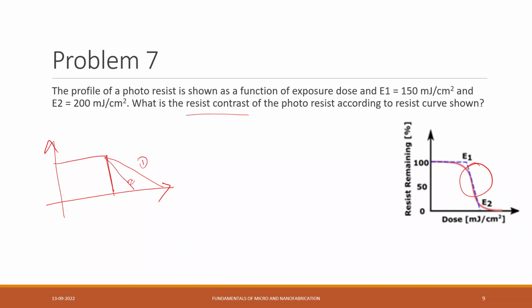So if you have 1, you have 2, this has lower resist contrast than this. So that's the resist contrast. We want that thing, how boxy it is. That's the thing. So okay, no issue with the formula. That's something that you can. So resist contrast.